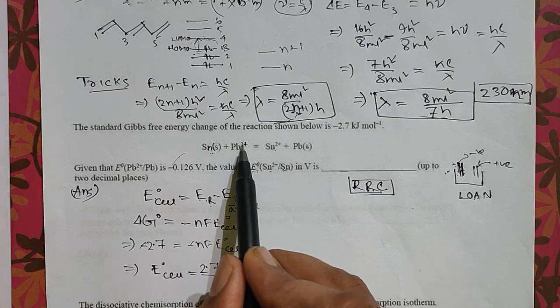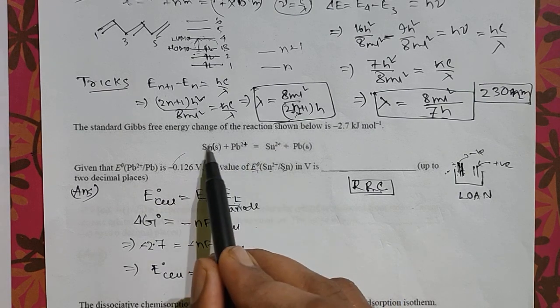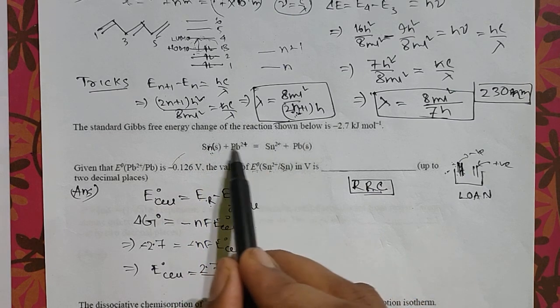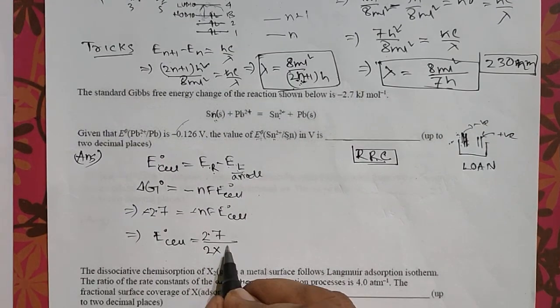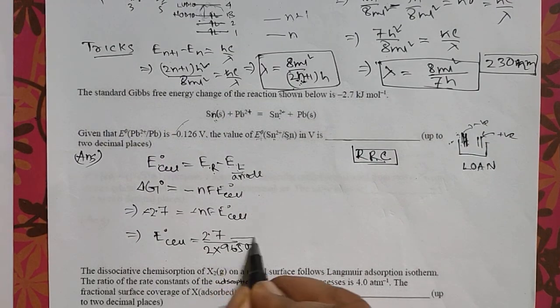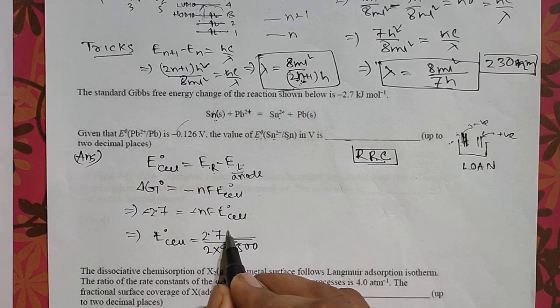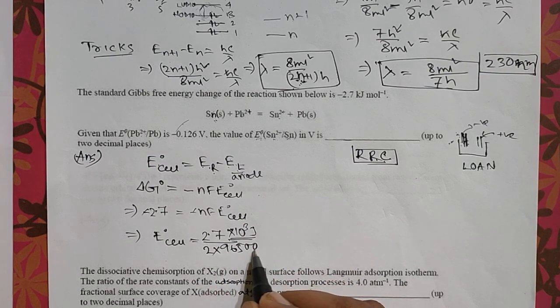Here we can see that two electrons are lost and two electrons are taken. So n equals 2 and F equals 96500. The unit is 10 to the 3 joule, and coulomb means joule per volt.